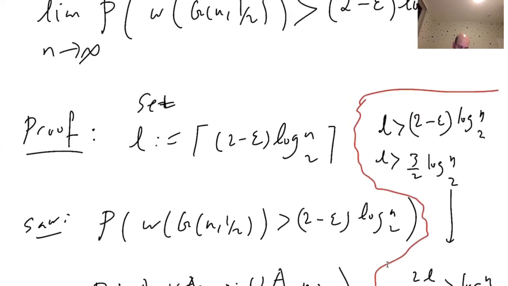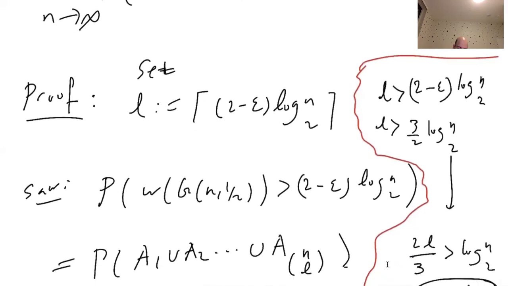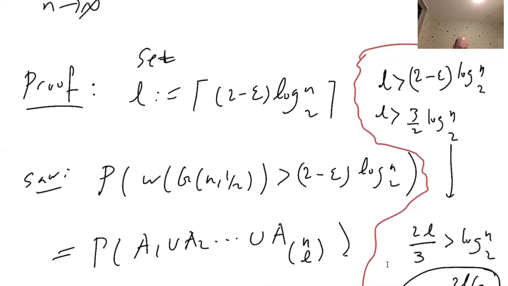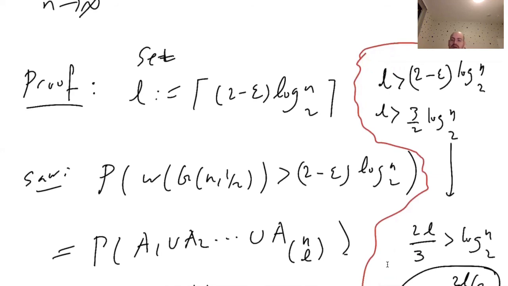Here, L is the ceiling of 2 minus epsilon times log n choose 2. So L is bigger than this, which means L is bigger than 3/2 log n choose 2, because remember, epsilon was a number between 0 and 1/2.